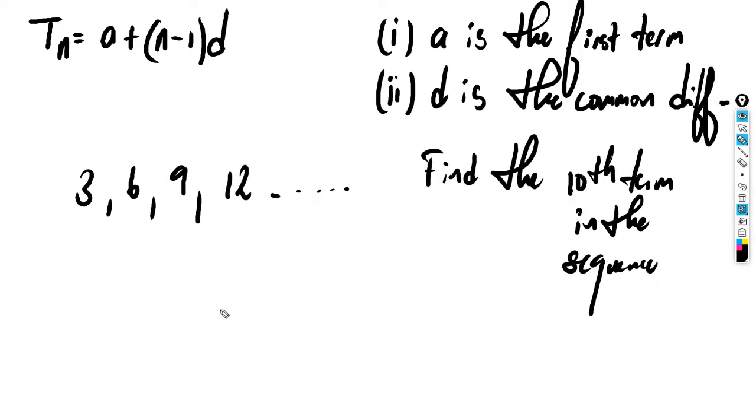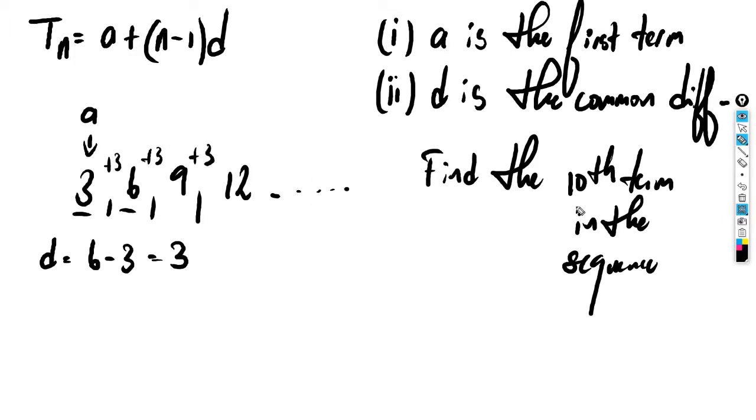So in order to find the 10th term, first thing we need to identify is that this 3 is A, the first term in the sequence. And to find the common difference D, all we have to do is subtract the first from the second. So it would be 6 minus 3, which would be 3. So the common difference is 3, so it's increasing by 3. Cool?